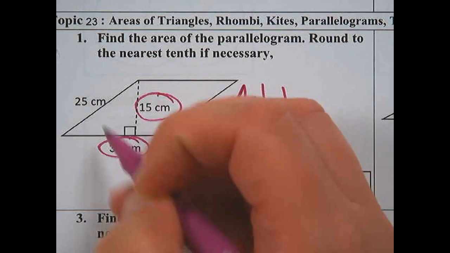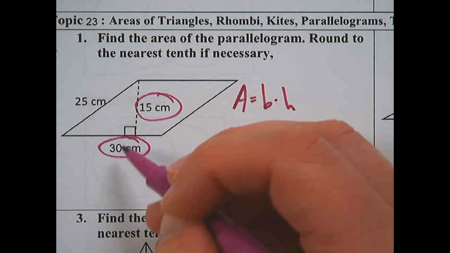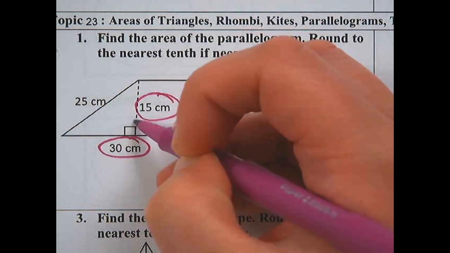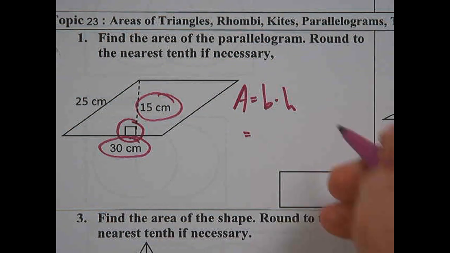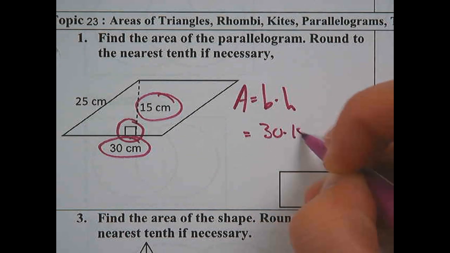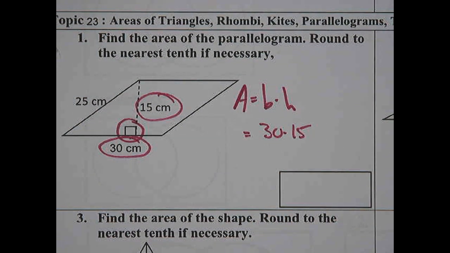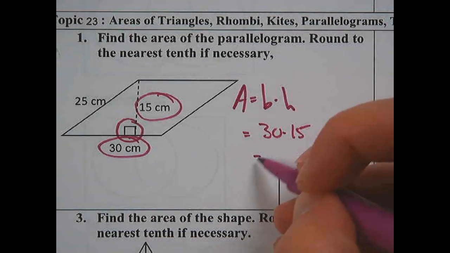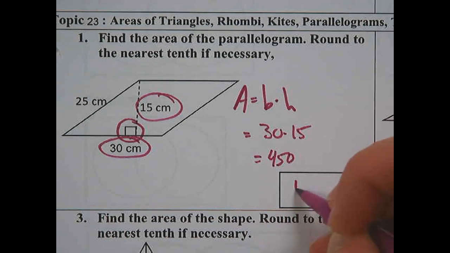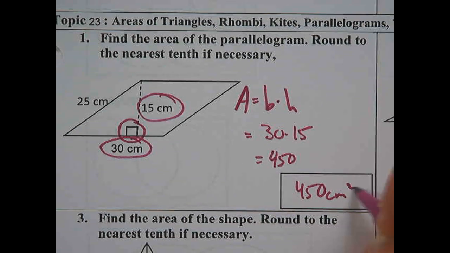We don't just multiply the two sides, we multiply these two, because the height has to be perpendicular to the base. So we would just go 30 times 15. On this one we do not divide by 2 like we do on triangles, so we get 450 square centimeters.